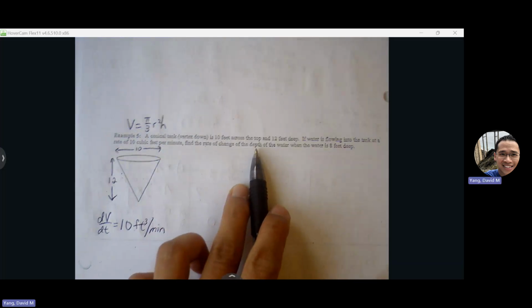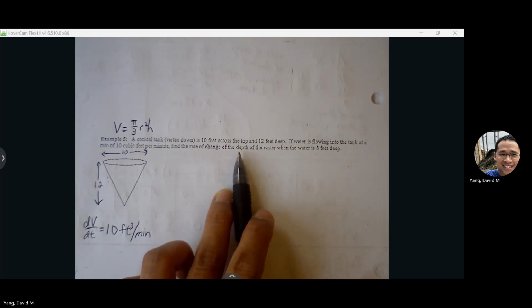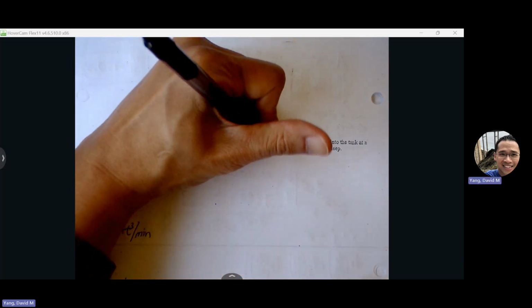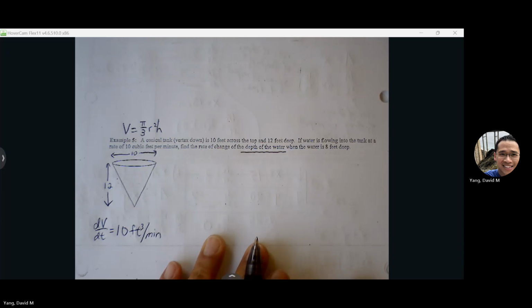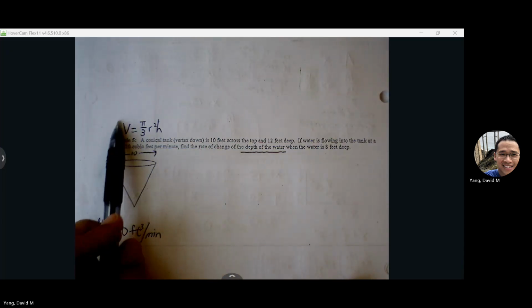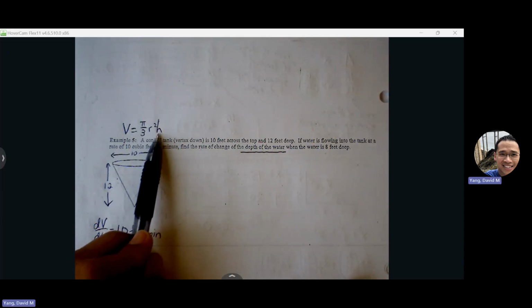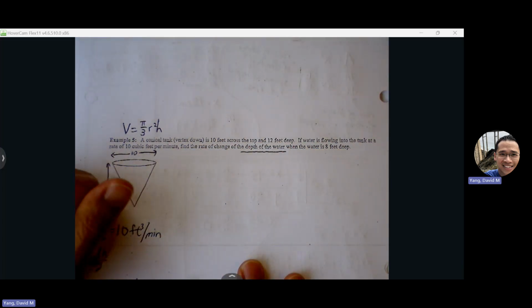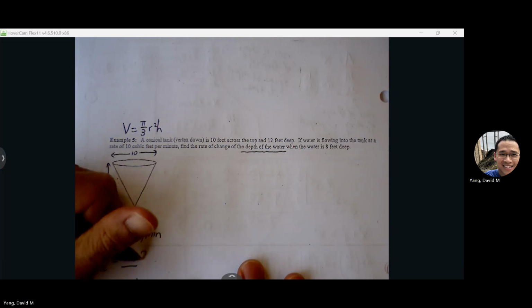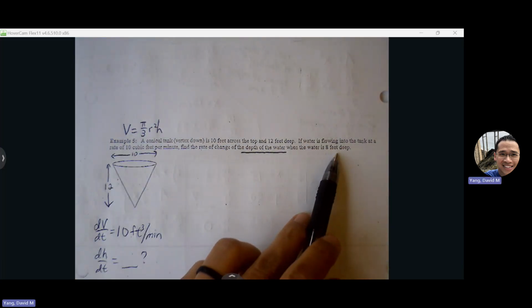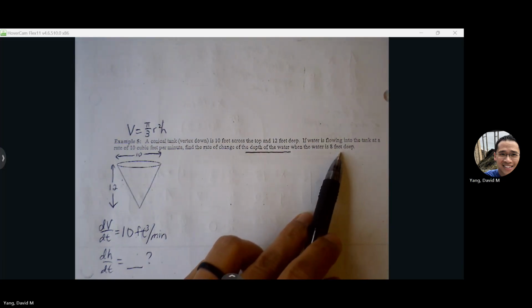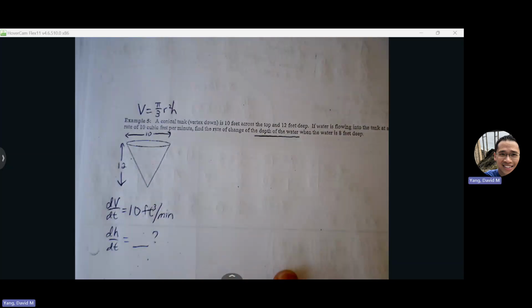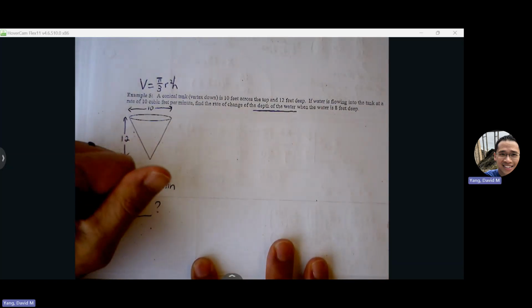Find the rate of change of the depth of water. What variable is talking about the depth of water? Yeah, so expect dH over dt. H is the depth, and so rate of change will be dH dt. That's the unknown. When the water is 8 feet deep, H is 8 feet.